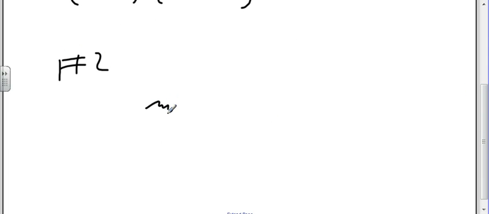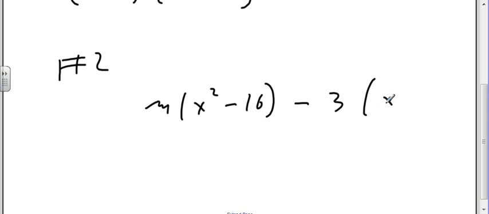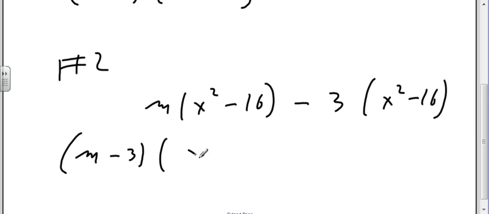m times 3x squared minus 16, and we can factor that and get m minus 3x squared minus 16. And then we recognize that x squared minus 16 is really x squared minus 4 squared, so that's the difference of two squares.